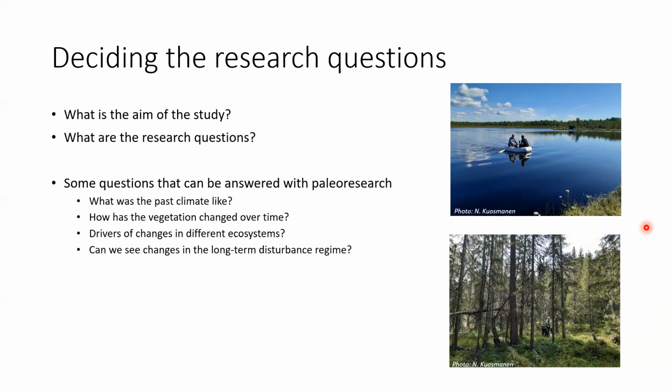And then if we look at the drivers of changes in different ecosystems, we would try to obtain pollen data to interpret, for example, vegetation, then get some proxies for past climate, for example, isotopes or some biomarkers and so on. And for the disturbances, we could use the charcoal.